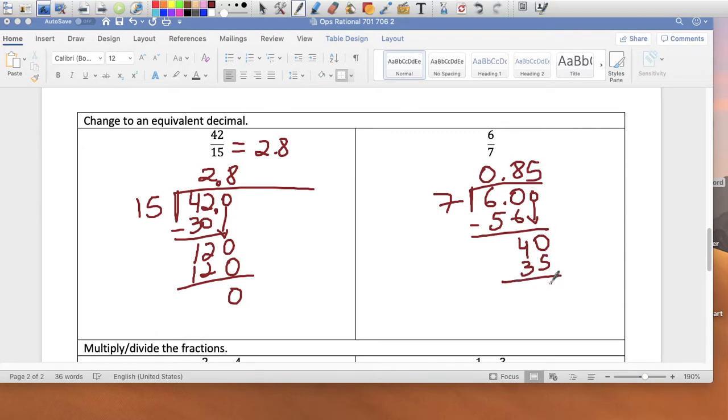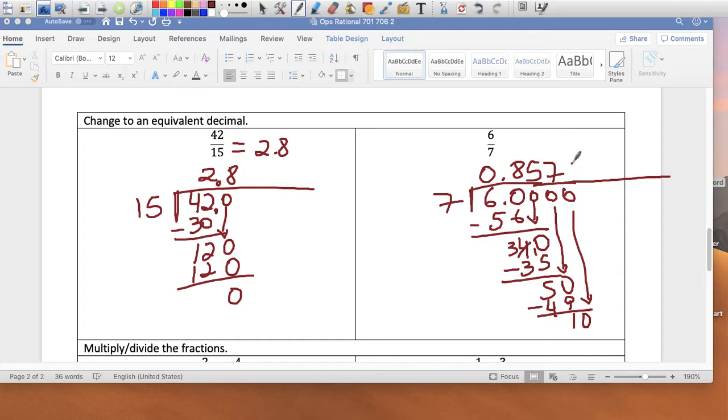We're going to have a 5 left over, right? So subtract. 40 minus 35 is 5. Bring another 0 down. 7 goes into 50 7 times, which is 49. We're going to have 1 left over. Bring a 0 down. Oh, this seems like it's going to go forever. 7 goes into 10 one time, which is 7. And then I'm going to have 3 left over.